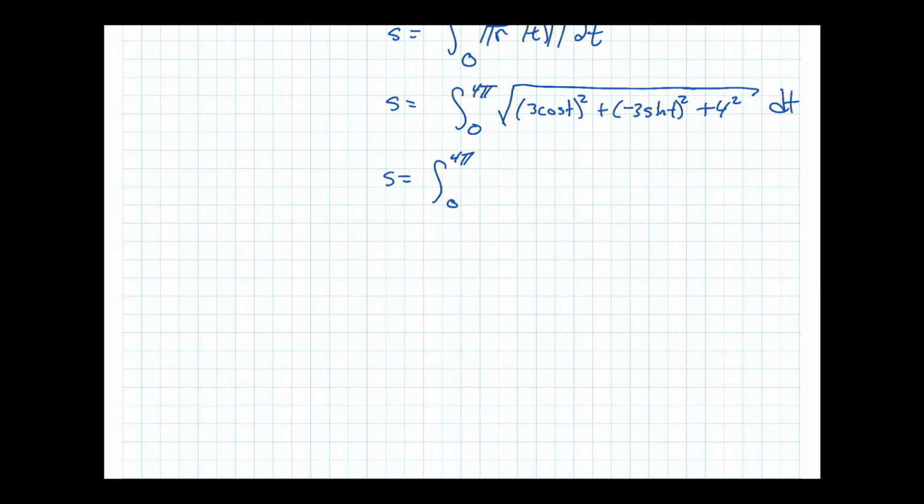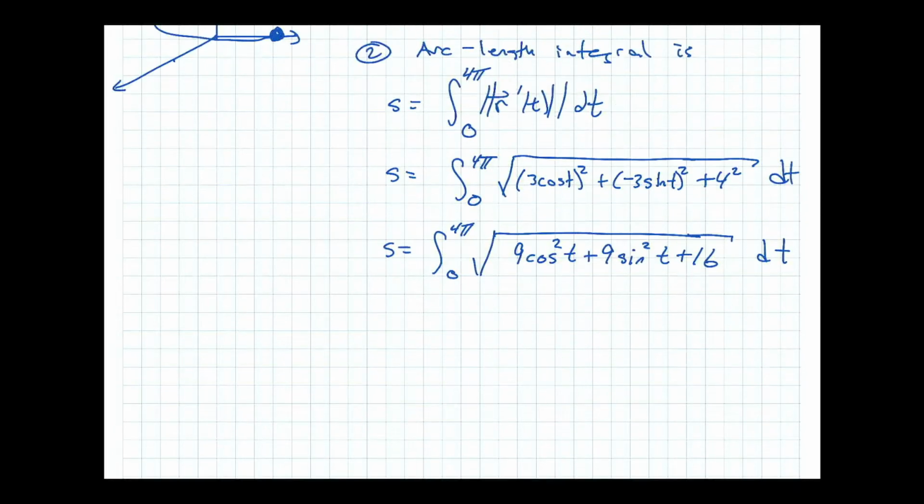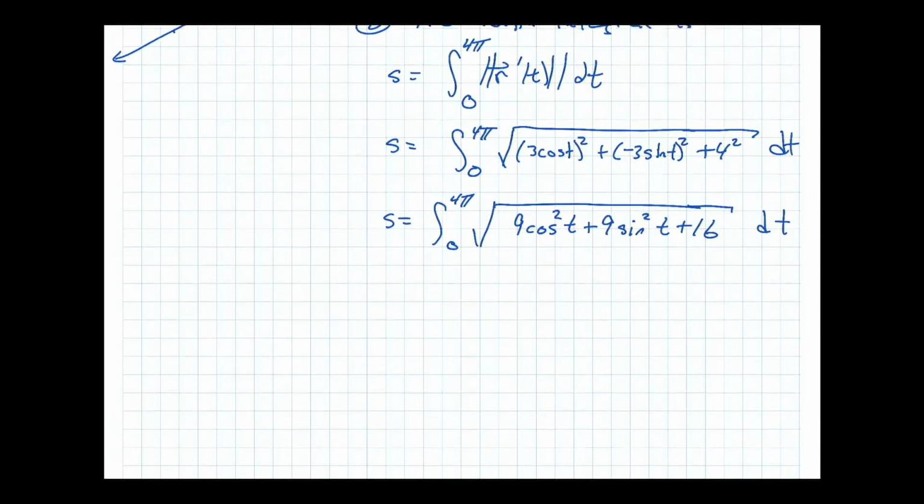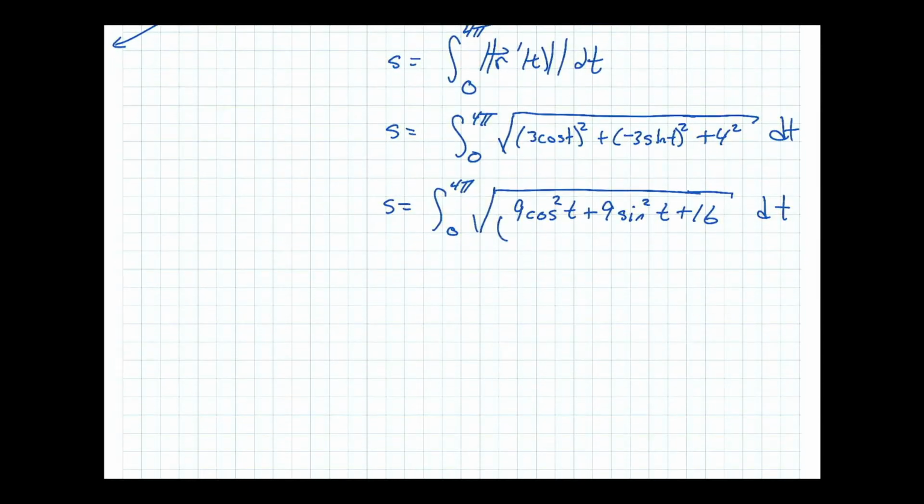0 to 4 pi. So you work this out. We got 9 cosine squared t plus 9 sine squared t plus 16 dt. Oh, wow, I didn't even know the numbers were going to work out, but they're nice. We saw this in the previous lecture, right? Remember that sine squared theta plus cosine squared theta, of course, is 1.